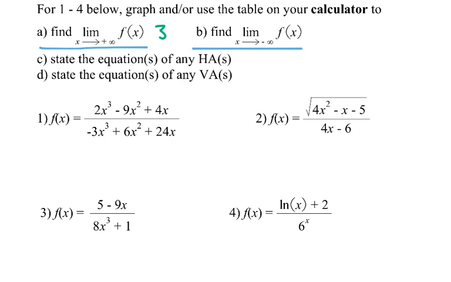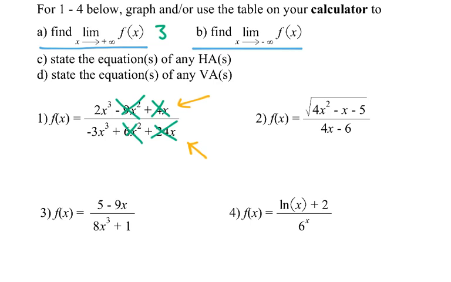Number 1, we've got a cubic over another cubic, and what's probably the most important when we're thinking about finding the limit to infinity or the limit to negative infinity is all of the terms other than the highest power aren't going to matter. So the 4x, the negative 9x squared, the 24x, and the 6x squared are not going to matter when we think about the limit to positive infinity.